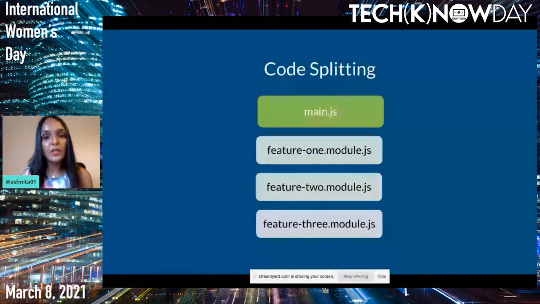So this sort of modular architecture really lends itself well to code splitting. So we could split the application either by component granularity or by feature granularity, depending on what suits your application.